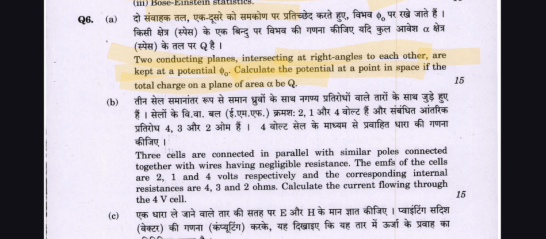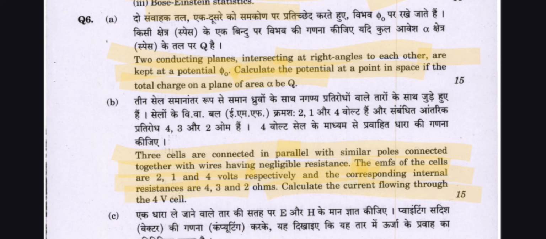In the next question, three cells are connected in parallel with similar poles connected together with wire having negligible resistance. The EMFs of the cells are 2, 1 and 4 volts respectively, and the corresponding internal resistances are 4, 3 and 2 ohms.